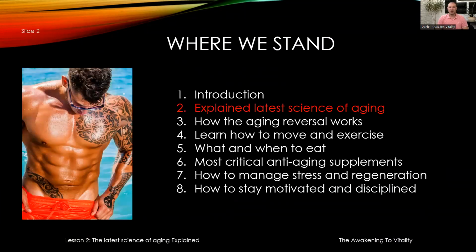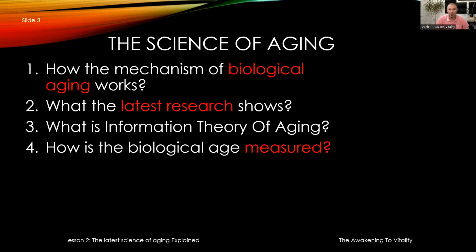So, this is our second part of our 8-part mini course, Awakening to Vitality. And we are about to talk about the latest science of aging, how all this stuff actually works, what are the truths, what are the facts, what are the myths behind it, what actually works.